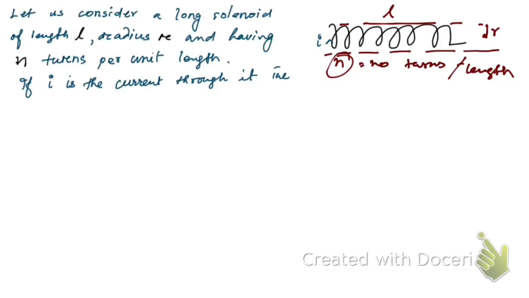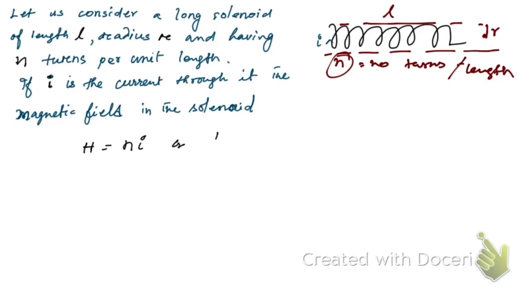Now here you see the magnetic field in this solenoid, that will be given by H is equal to nI, or you can write in terms of B also, B by mu naught equals nI, that means B is equal to mu naught nI.